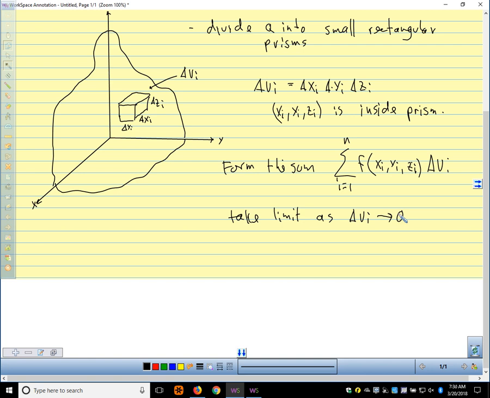So again, f of x, y, z could be a density, mass per unit volume, could be a charge per unit volume, just some quantity defined over that region Q. We're going to take this limit as delta V sub i approaches 0, and that's going to be our definition of a triple integral. So we're setting this up exactly the same as we did to define a double integral.